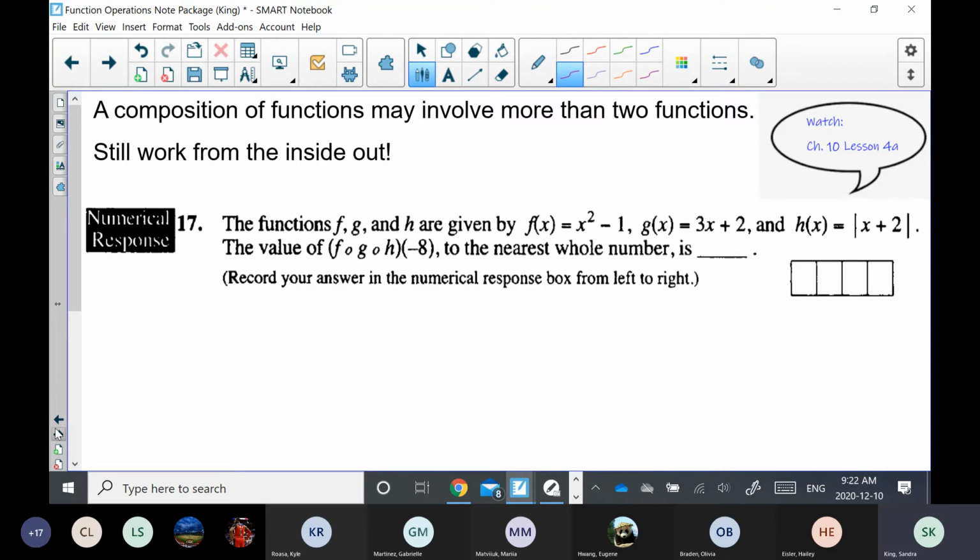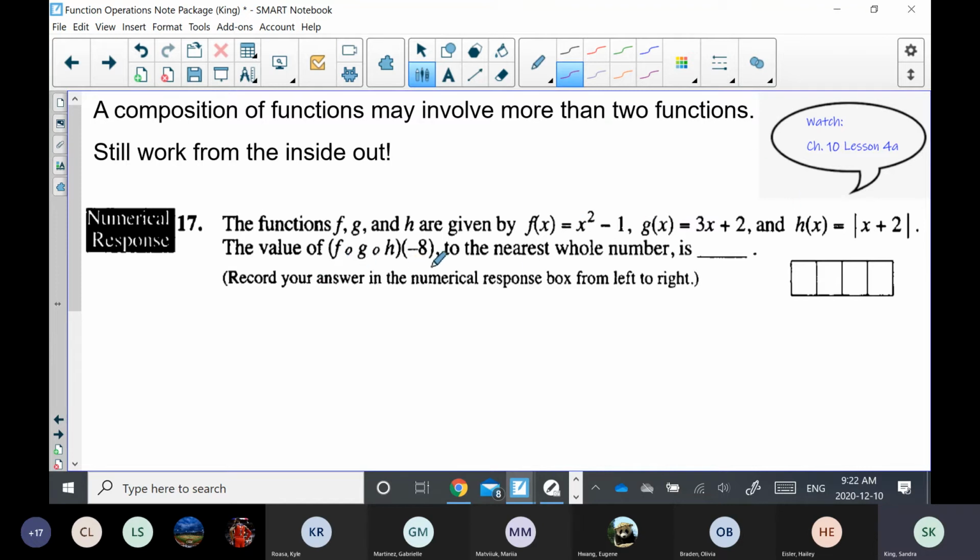Okay, so this looks like it's not a diploma question, but it's going to be from your workbook. So this again is going to be a composite function. We've got our f function, our g function, and our h function.